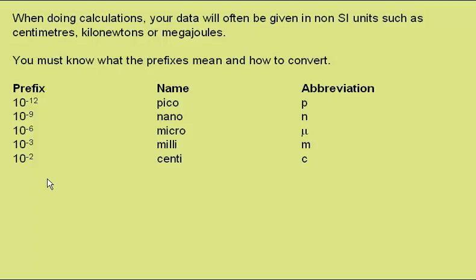Then we get on to multiplications. 10 to the 3 is kilo, abbreviation lowercase k. 10 to the 6 is mega, which has an uppercase M to distinguish it from milli with a lowercase m. Do be careful with these. 10 to the 9 is giga, which is uppercase G, and finally 10 to the 12 is tera, which is an uppercase T.